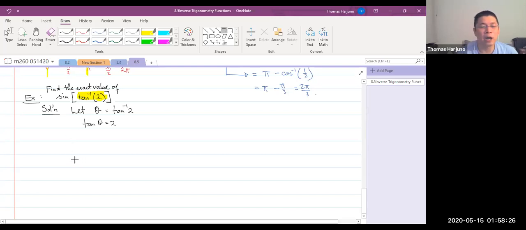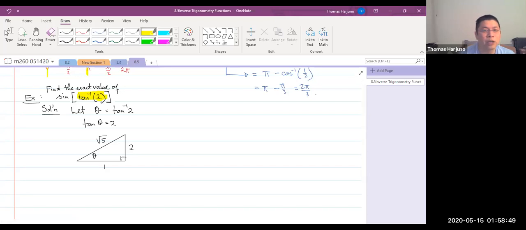Now then I will construct the right triangle. Because again, this angle is in quadrant 1, so I can draw the triangle safely. This is 2, this is 1. Therefore, this is square root of 5. Now, if theta equals tangent inverse of 2, what we are looking for is actually sine theta.